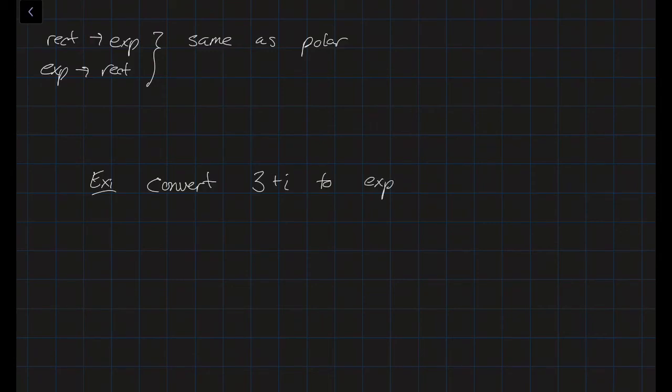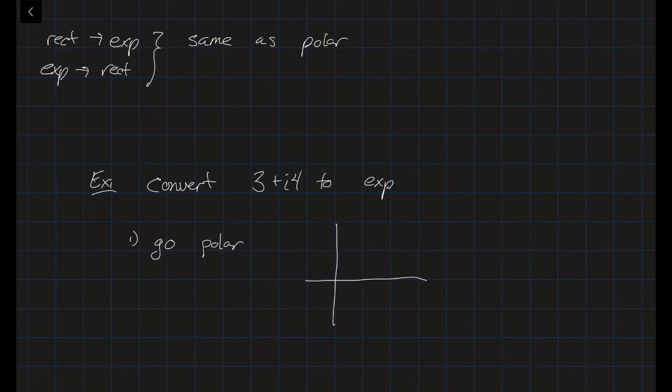So first, let's convert 3 plus 4i to exponential. The first step is to go polar, and I originally wrote 3 plus i, but it makes the calculation of the length a little tricky, so I just made it 3 plus 4i.